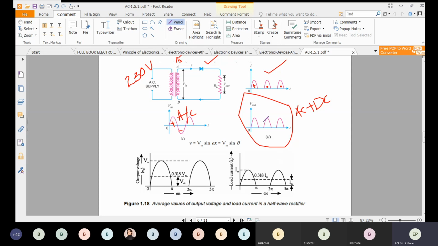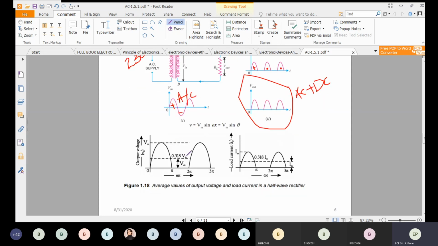So what is the amount of DC, and what is the amount of AC? We indicate DC with VDC, and we indicate AC with VRMS. VRMS means AC content. VRMS is how much AC content is there in the signal. Then how much DC is there, we need to calculate VDC.